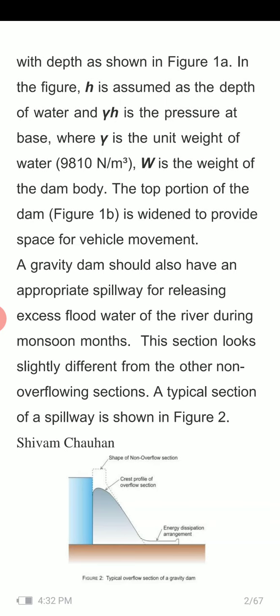As you can see in the figure, there are three terms. First is the shape of the non-overflow section. Second, the crest profile of the overflow section. And third is the energy dissipation arrangement.